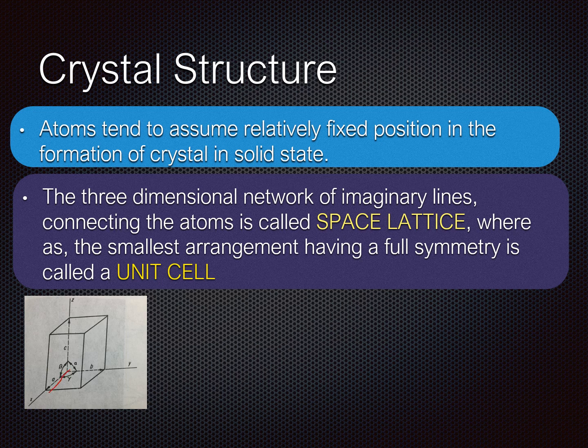It is A along the x-axis, B along the y-axis, C along the z-axis, and the angles between them: angle alpha being the angle between B and C, angle beta between A and C, angle gamma between A and B.